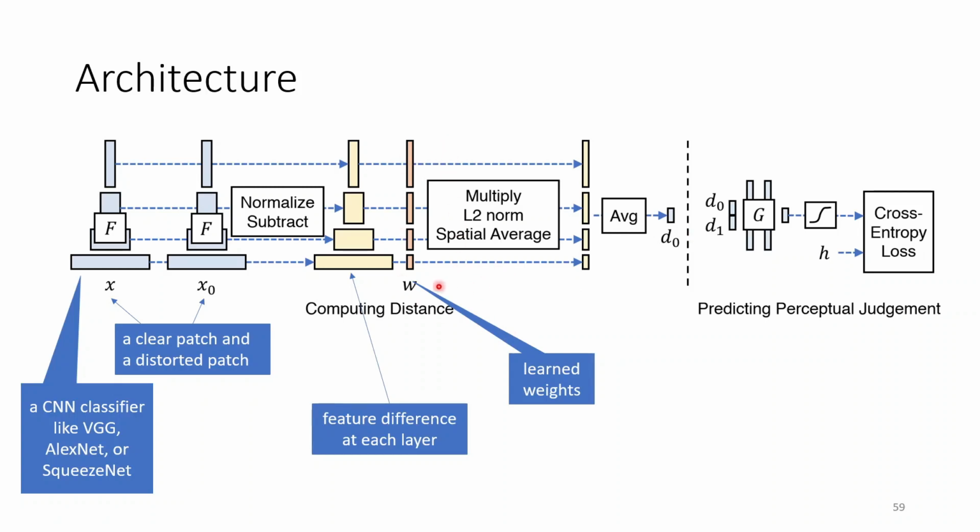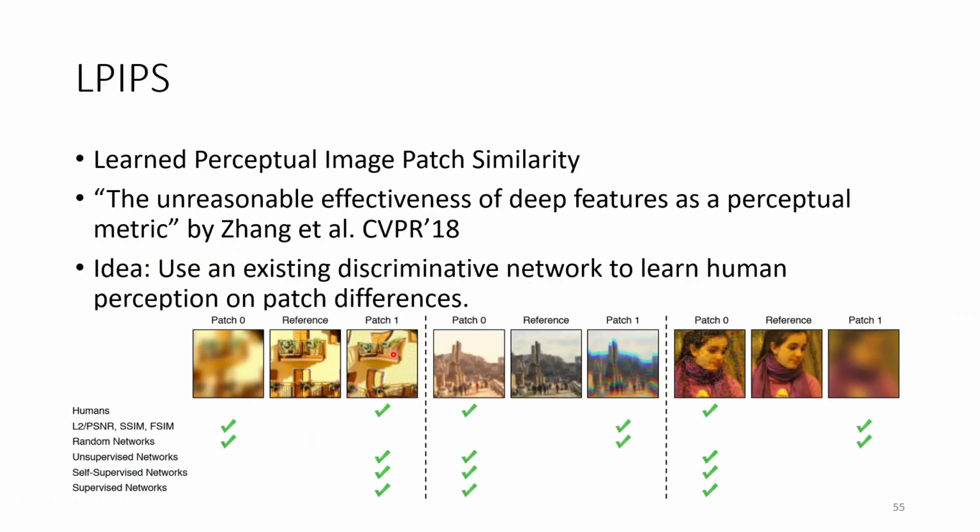They can learn those parameters so that for this case, d1 will be smaller than d2. So it will match humans' perception.